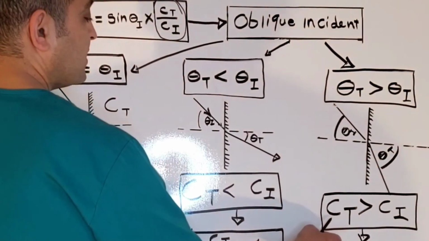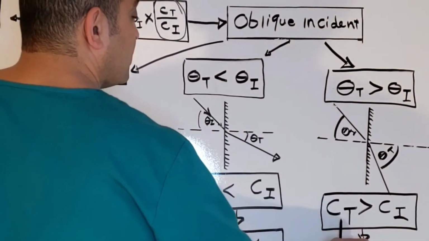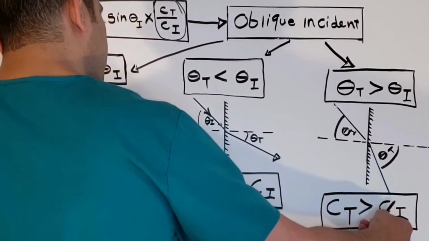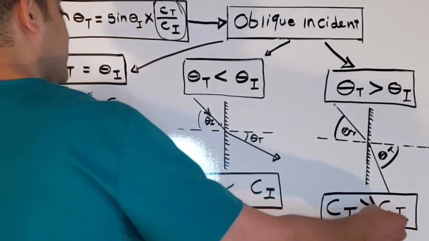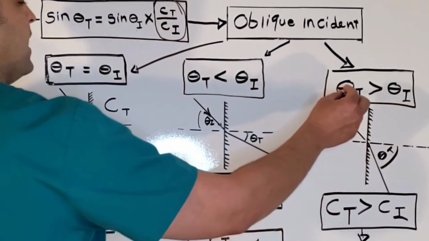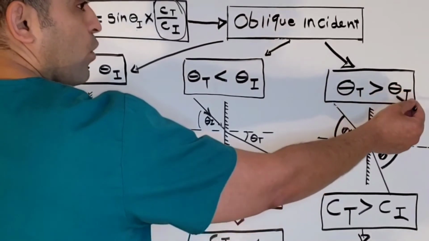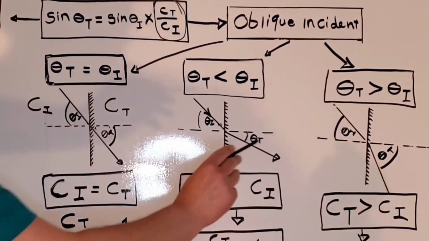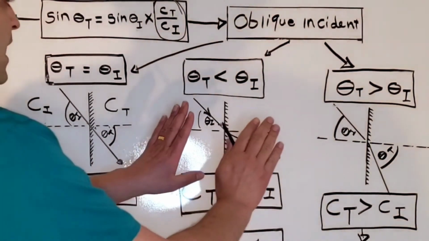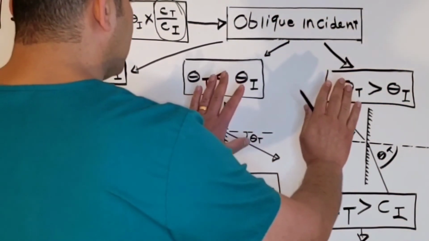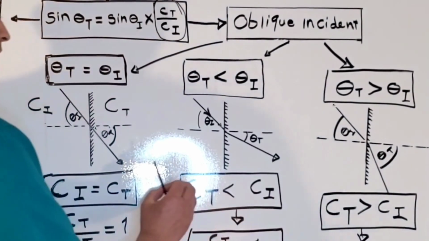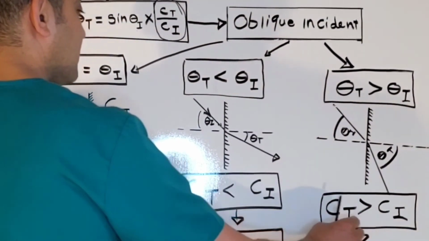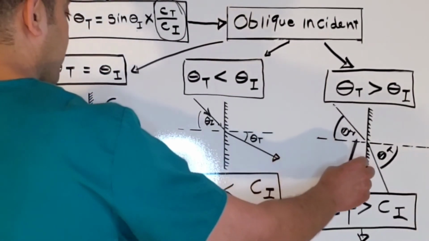And if the propagation speed in the medium of transmission is more than the propagation speed in the medium of the incident, the angle of transmission will be more than the angle of the incident and refraction is happening. So refraction happens in oblique incident only if we have a propagation speed difference between the two mediums.